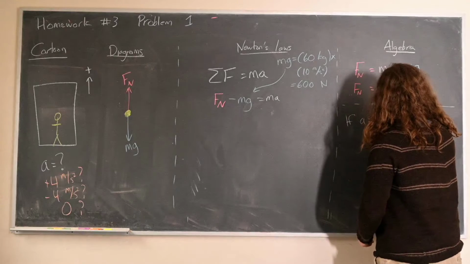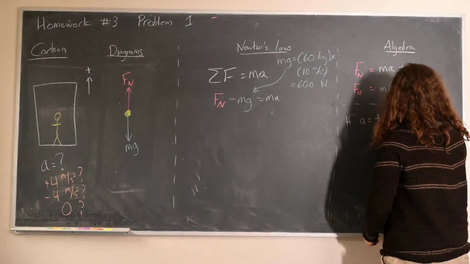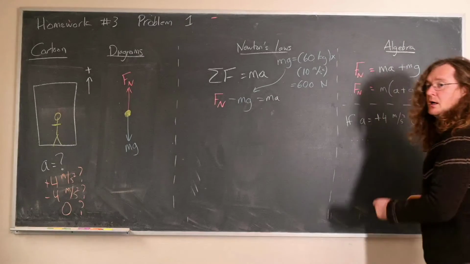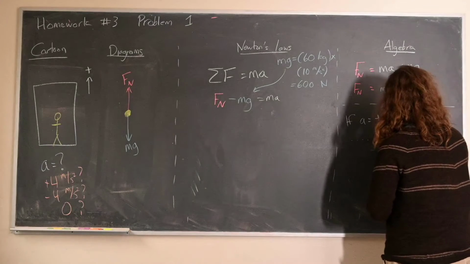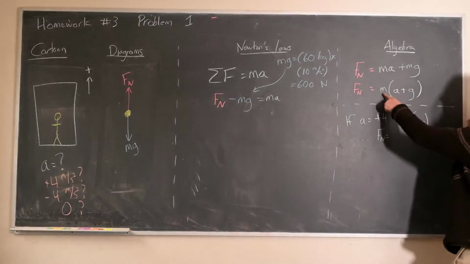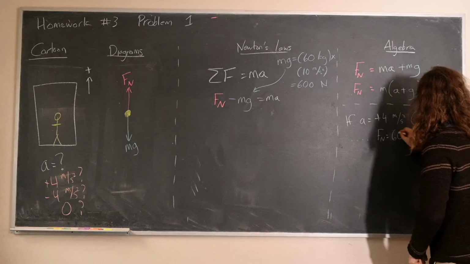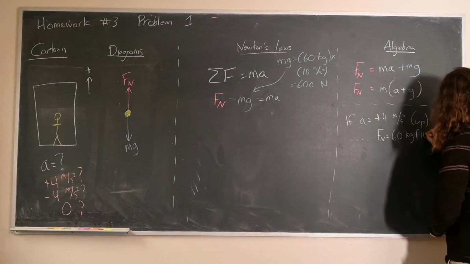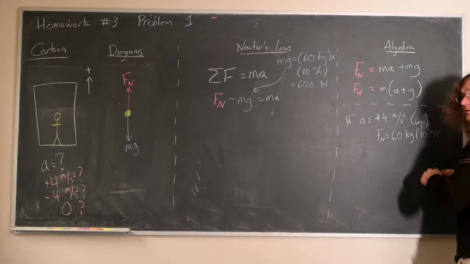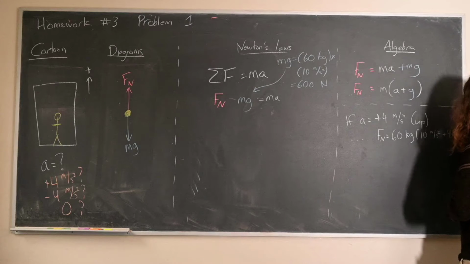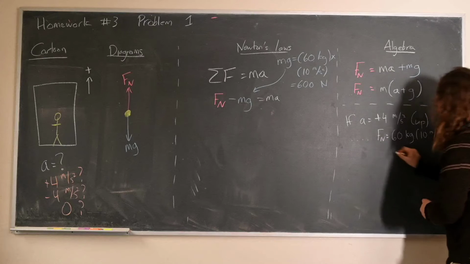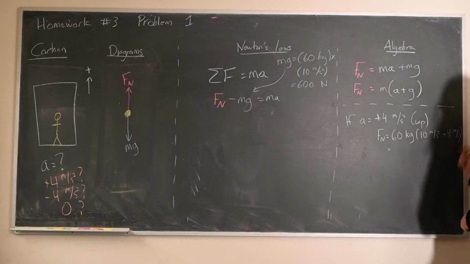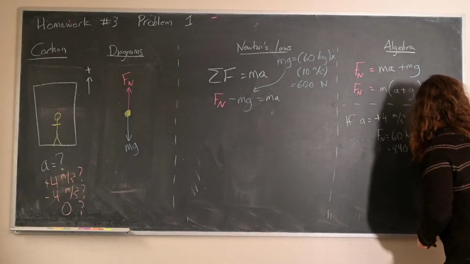If a is plus 4 meters per second squared going upward, then the normal force is going to be, let's see, this is 60 kilograms times 10 plus 4 meters per second squared, which is, let's see, 60 times 14, that's going to be 840 newtons.